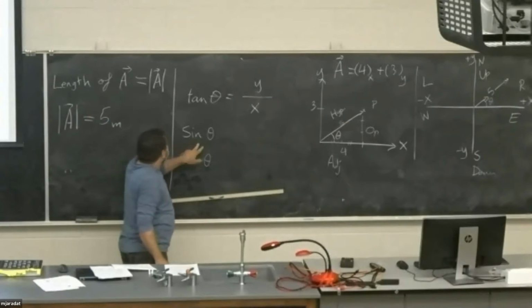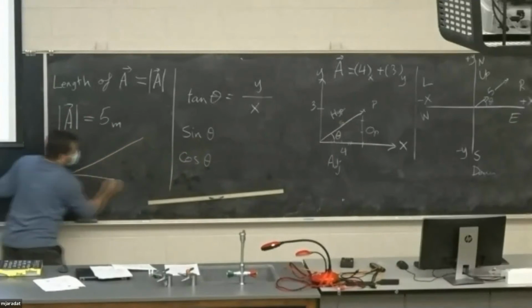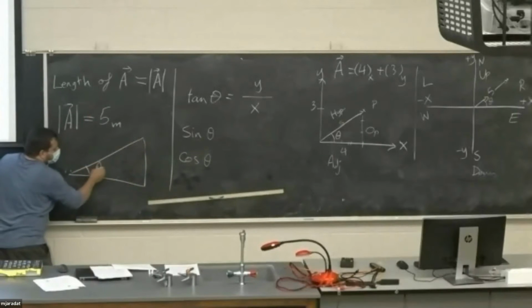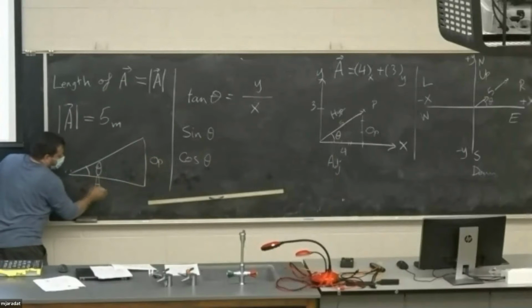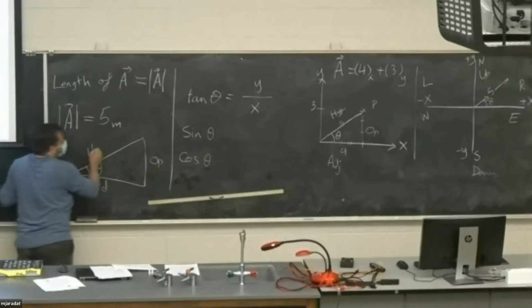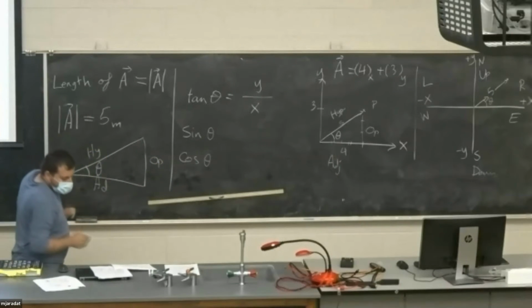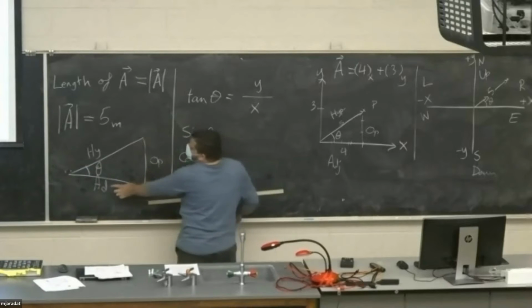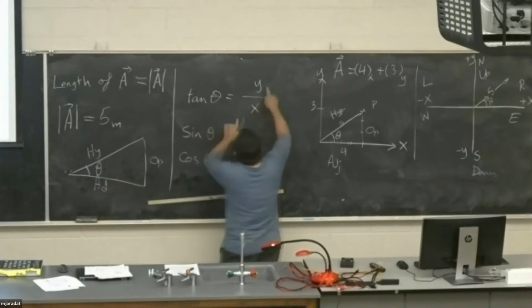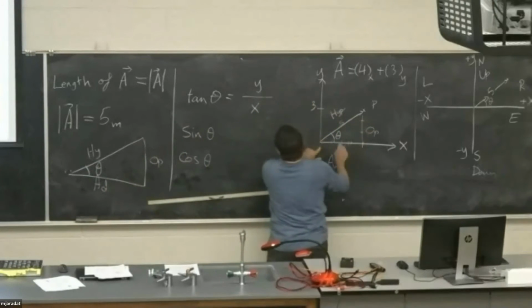Sine theta for the right triangle. This is theta, this is the opposite, this is the adjacent, this is the hypotenuse. Now, tan theta is the opposite over the adjacent, which is y over x.